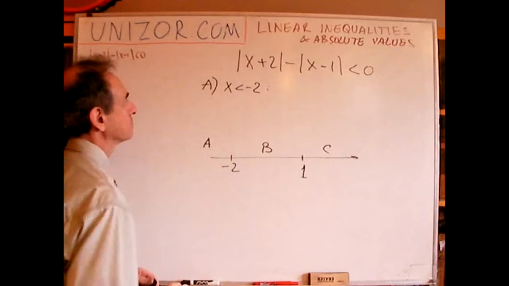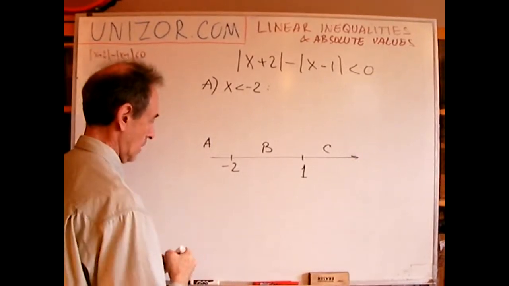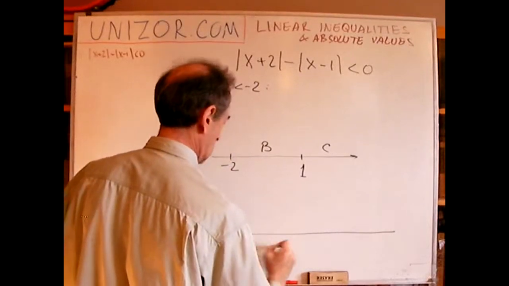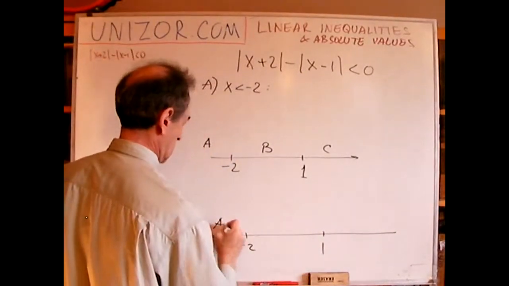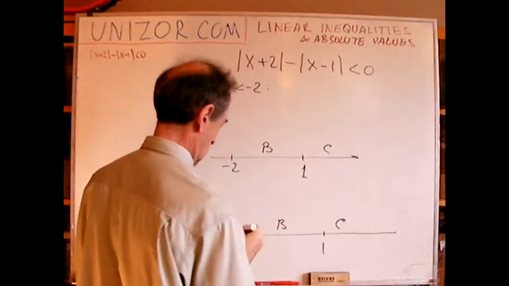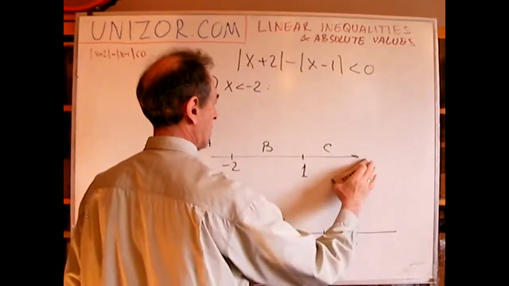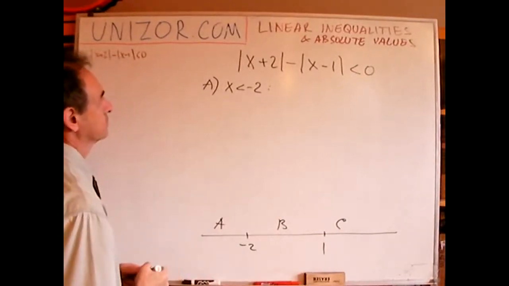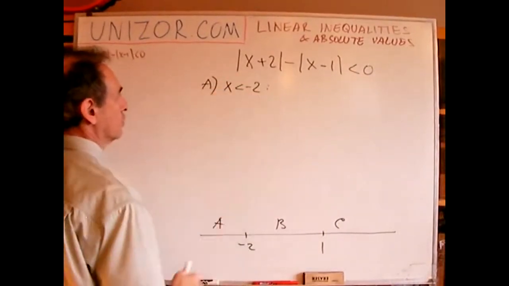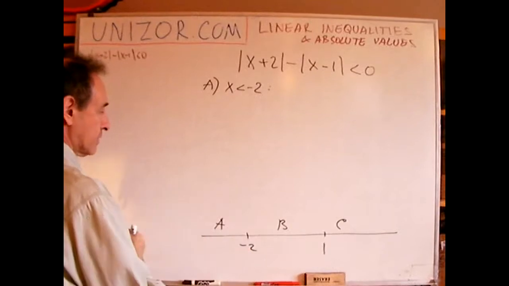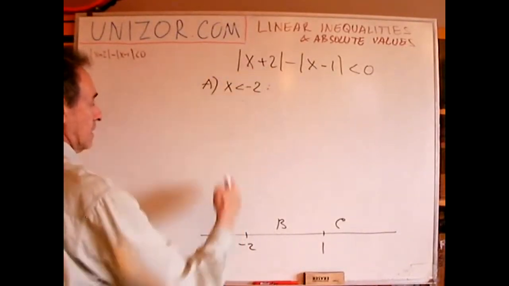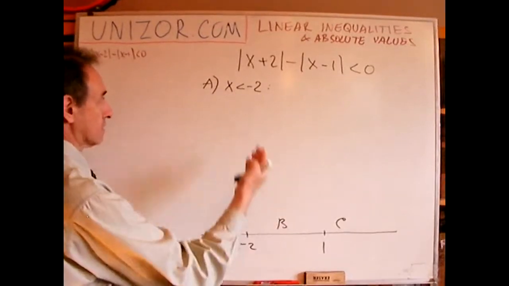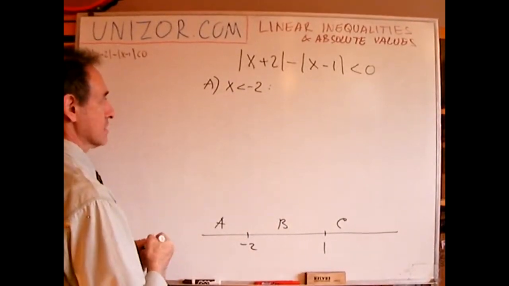What do I have? Now, x plus 2 to the left of this means this thing is negative. So to get the absolute value, I should reverse the sign.